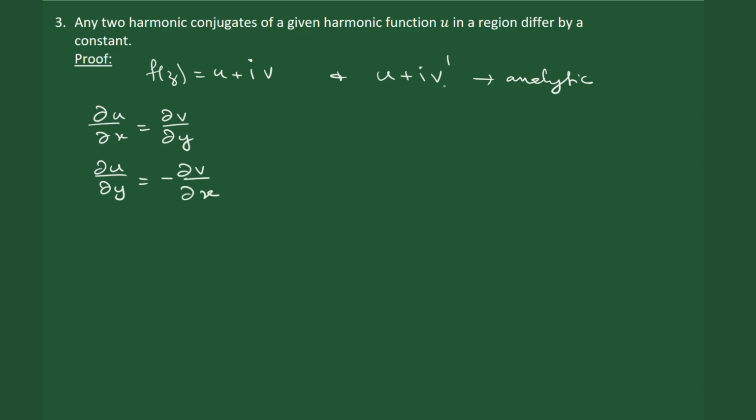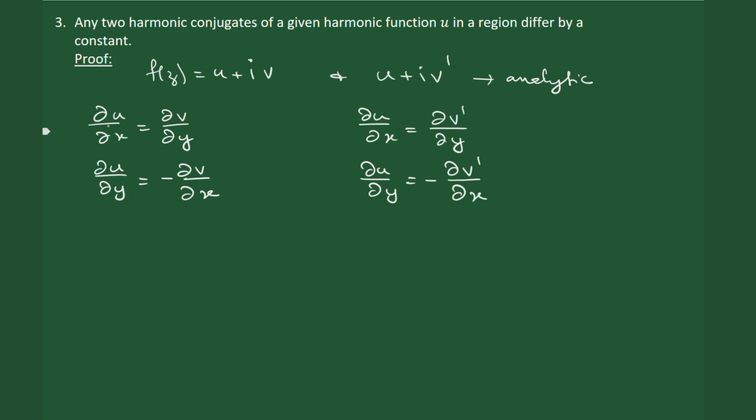Similarly, for u plus iv dash, dou u by dou x is equal to dou v dash by dou y, and dou u by dou y is equal to minus dou v dash by dou x.